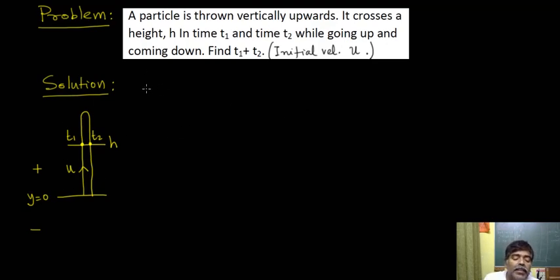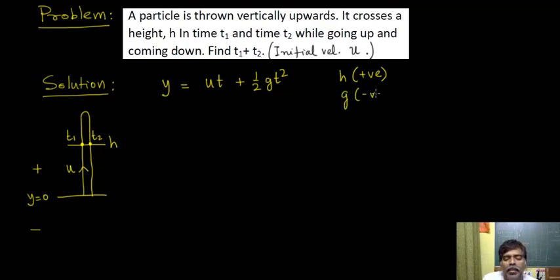If I write the equation, y is equal to, everybody knows, ut plus half gt square, and you have to plug in the signs. Here h is positive because it's this way, g is definitely negative because it's pointing in this direction, and u is positive.